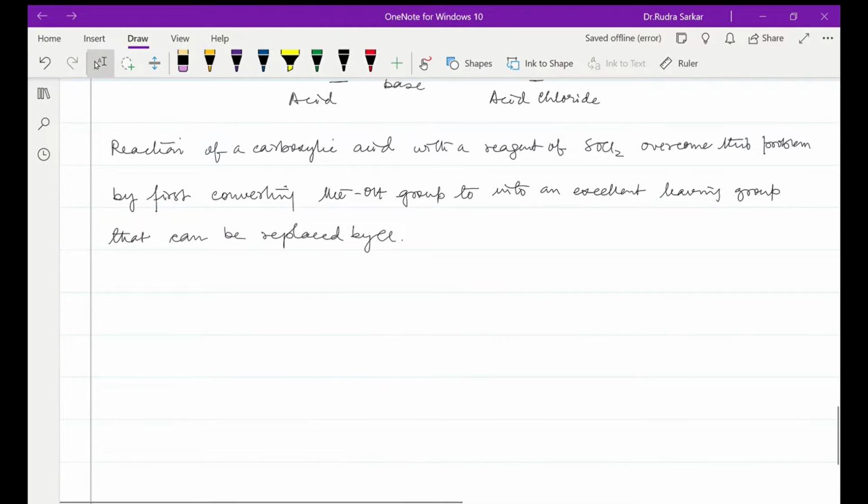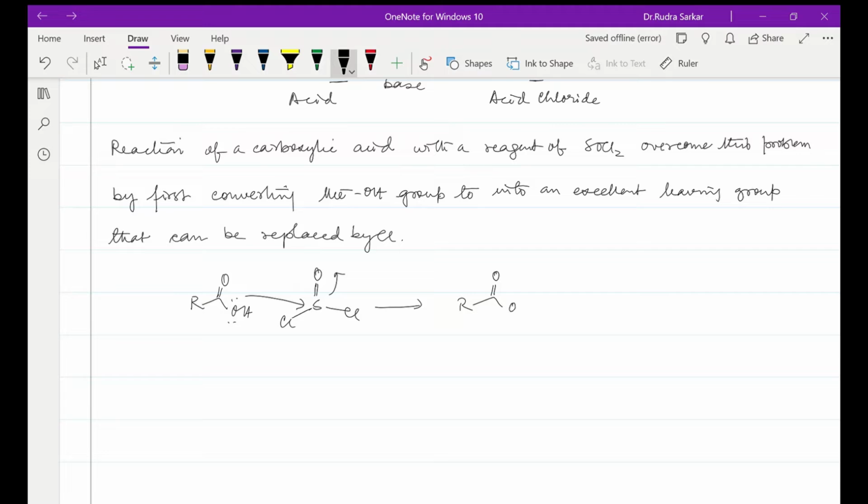So what is the mechanism that is involved over here? So initially what happens, we have the carboxylic acid and we have the SOCl2. So this particular OH will make an attack over here that opens up to give you this type of an intermediate.